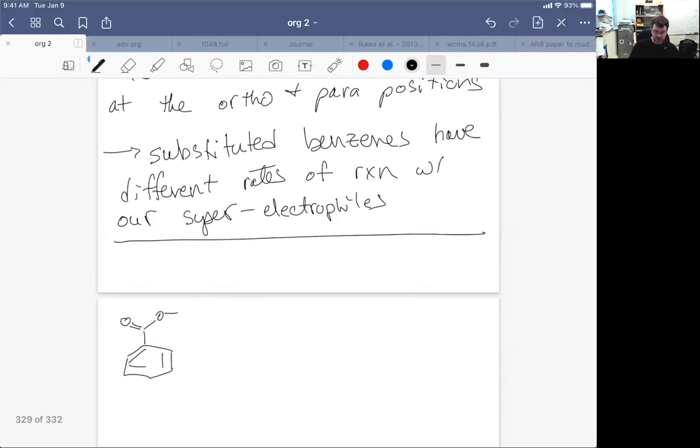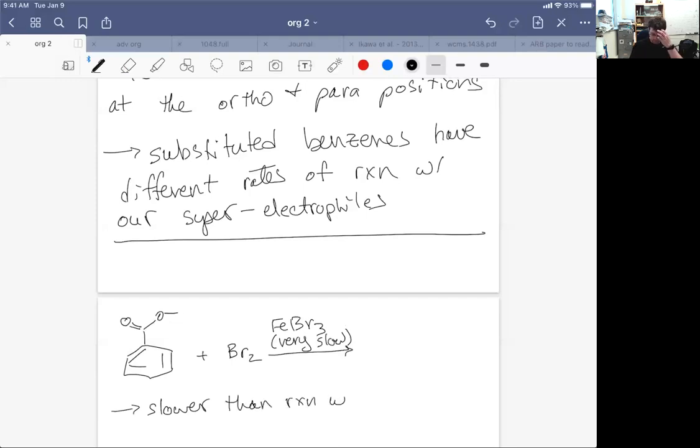All right, so if we take this same molecule, let's not worry about the name, and we react this with Br2, it turns out that this is a very slow reaction, even with FeBr3. It's slower than the reaction with benzene.